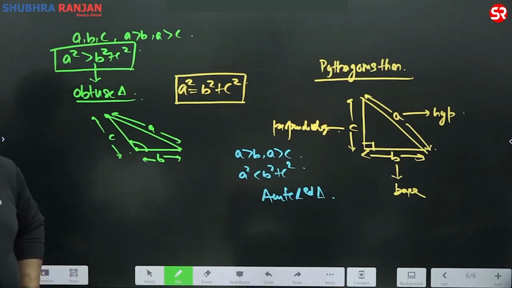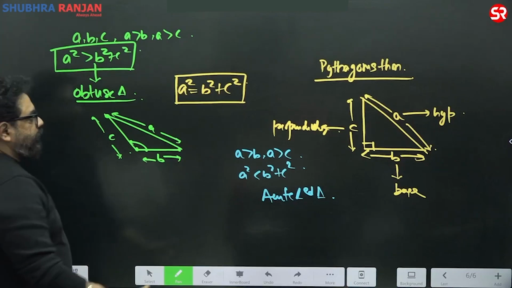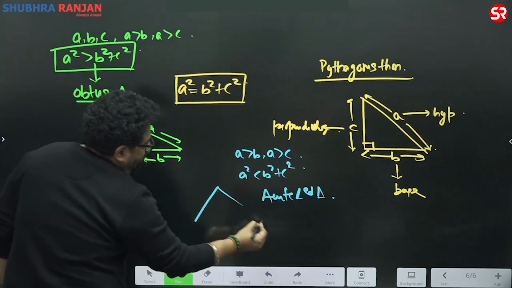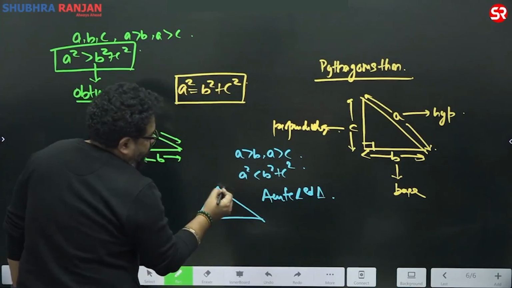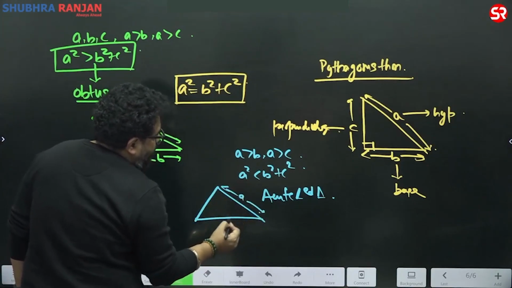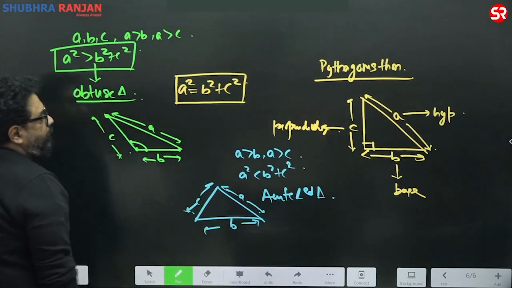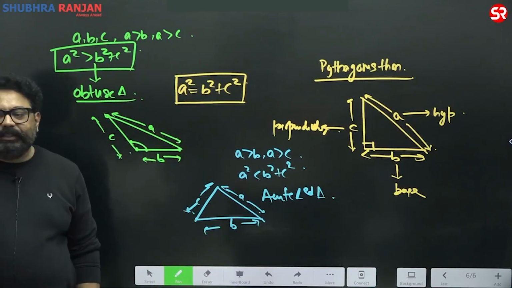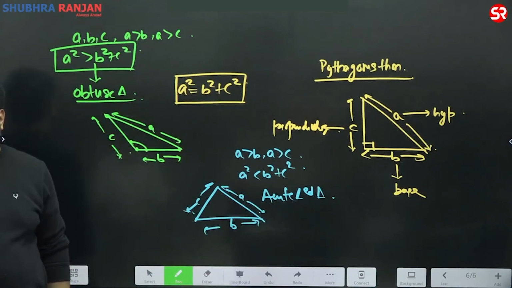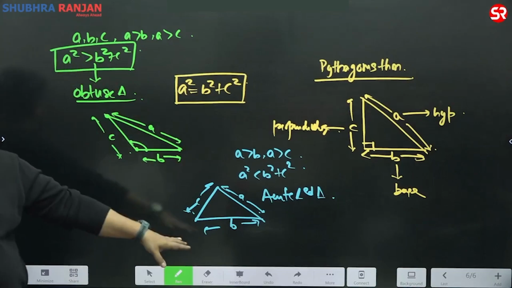All angles are less than 90 degrees, right? So the shape would be this. A is the lengthiest side. So don't only remember Pythagoras in terms of a square is equal to b square plus c square. These two also matter.